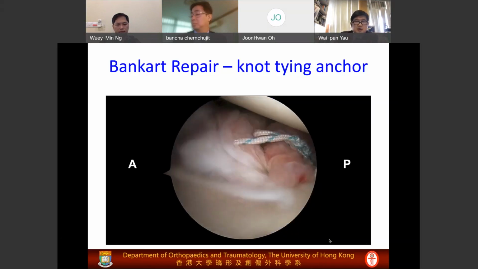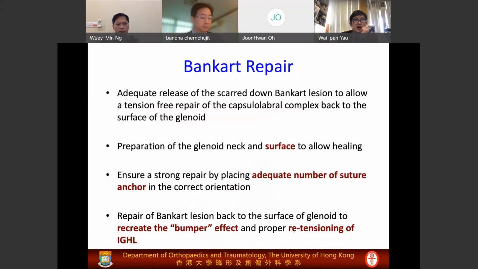So with this maneuver, this is the workflow for what we do, which I have shown you. I think the most important point is, number one, we need to have adequate release of the scar down the Bankart lesion so that there can be a tension-free repair of the capsulolabral complex. Second thing is we should repair it back to the surface, not the neck of the glenoid, so that it's easier to prepare a good labral height and restore the concavity of the glenoid complex.